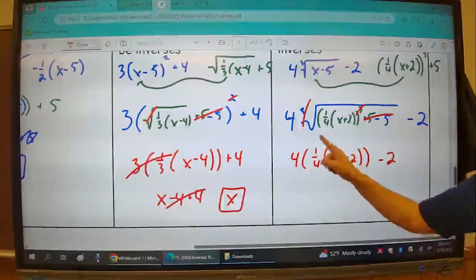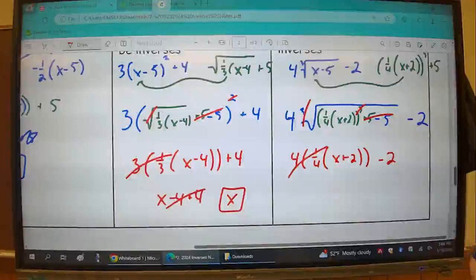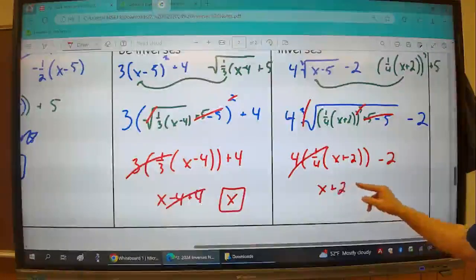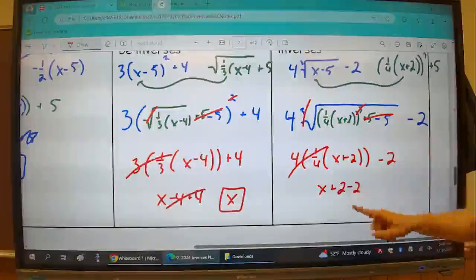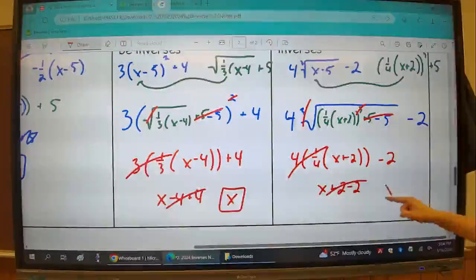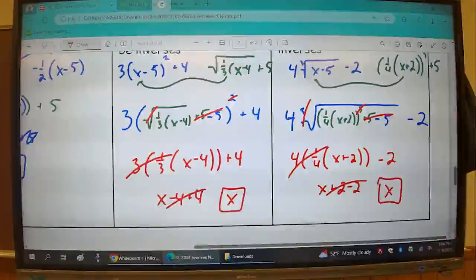And 4 times 1/4 cancel out, which leaves me with just x plus 2 minus 2. And if I add 2 and subtract 2, nothing happened, which means x is all that's left.